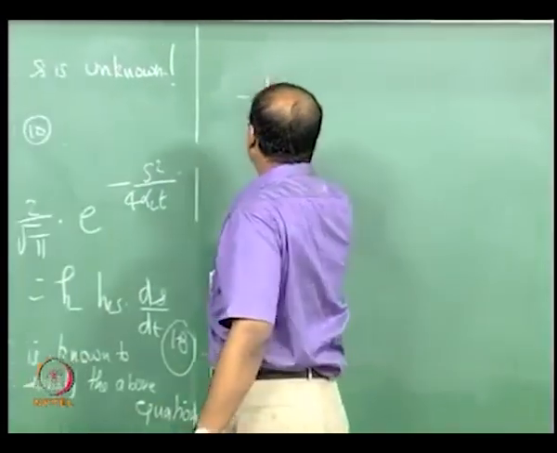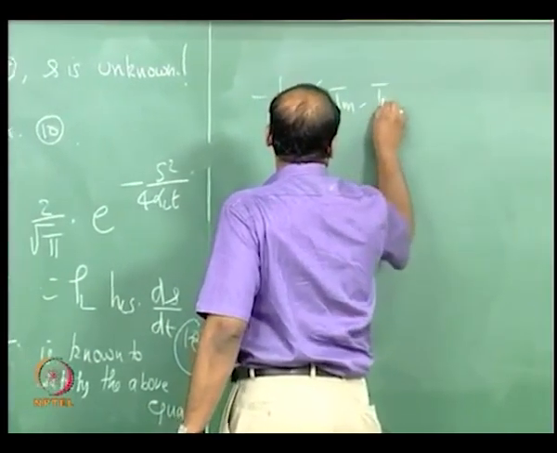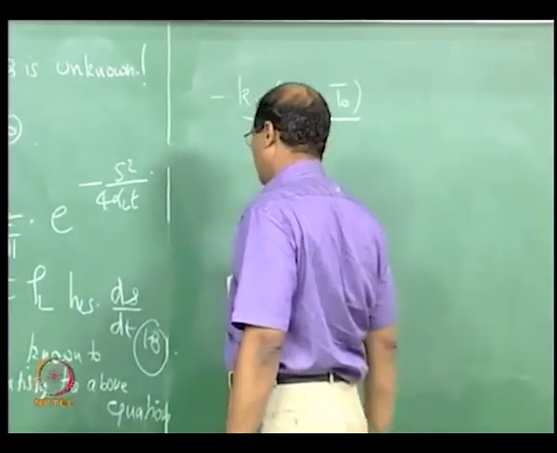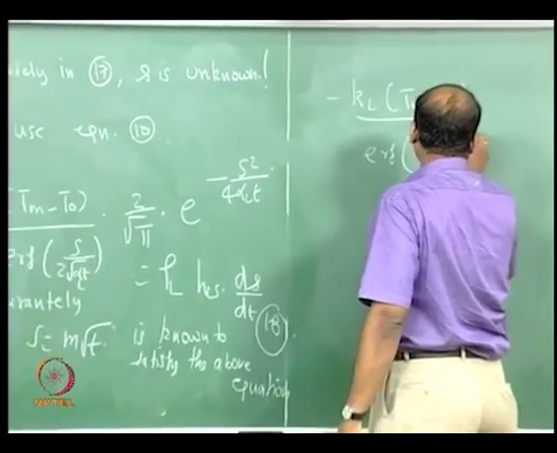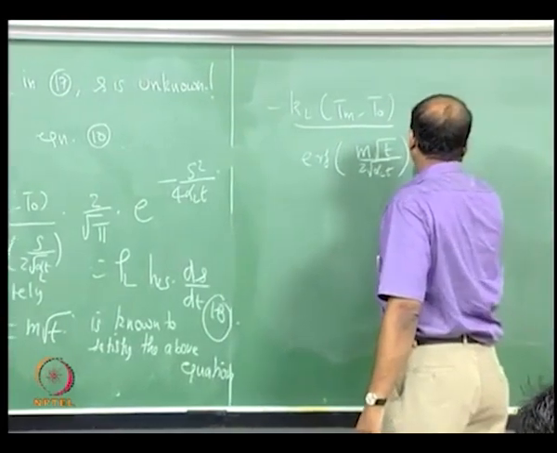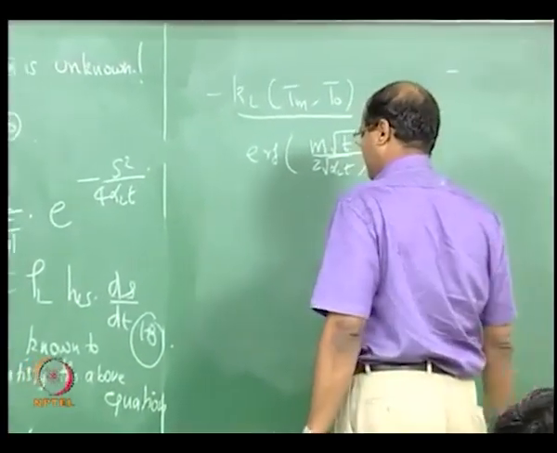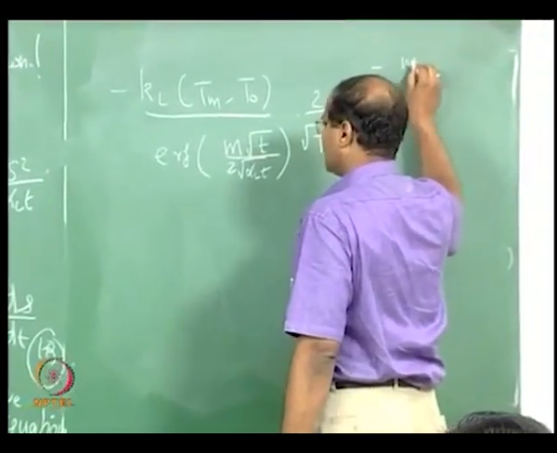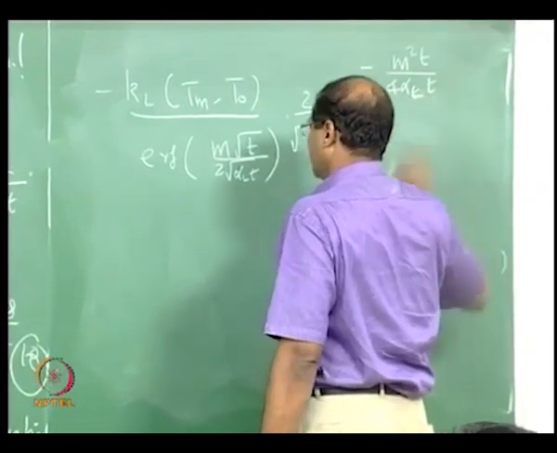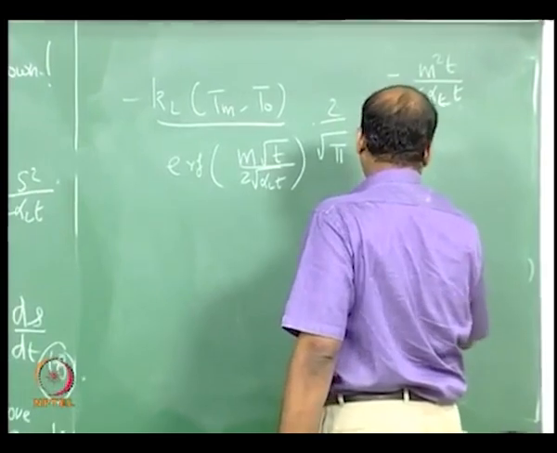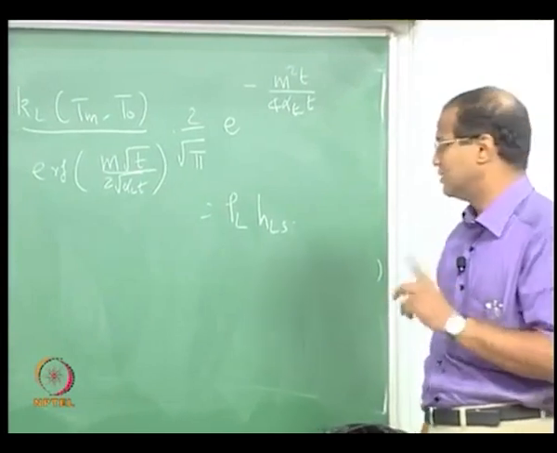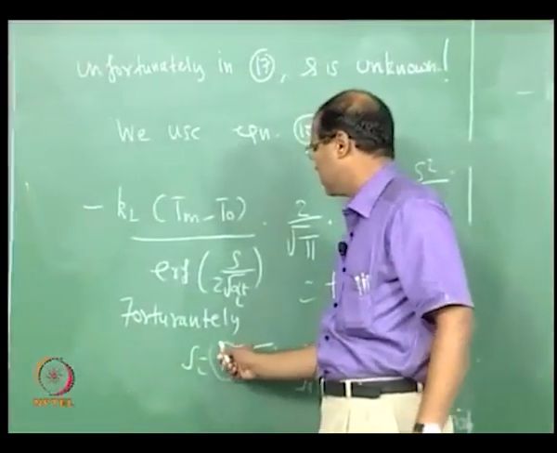Now can you do this? Shall we do this? Minus KL. ds by dt is what? m is a constant, which depends only on the properties.